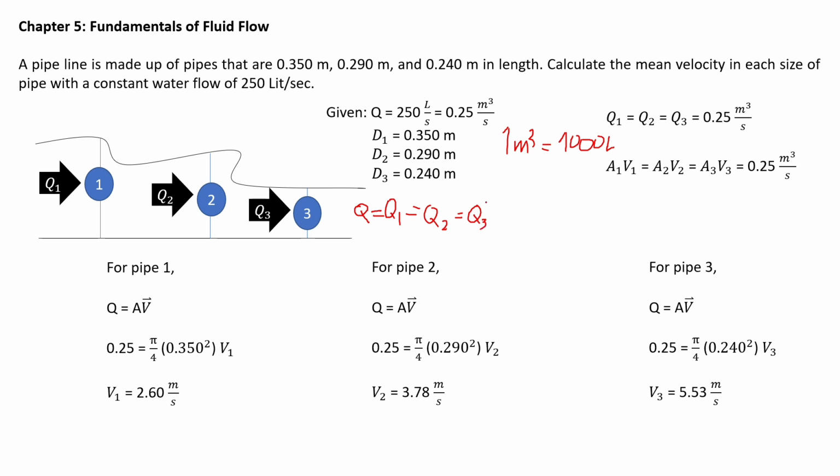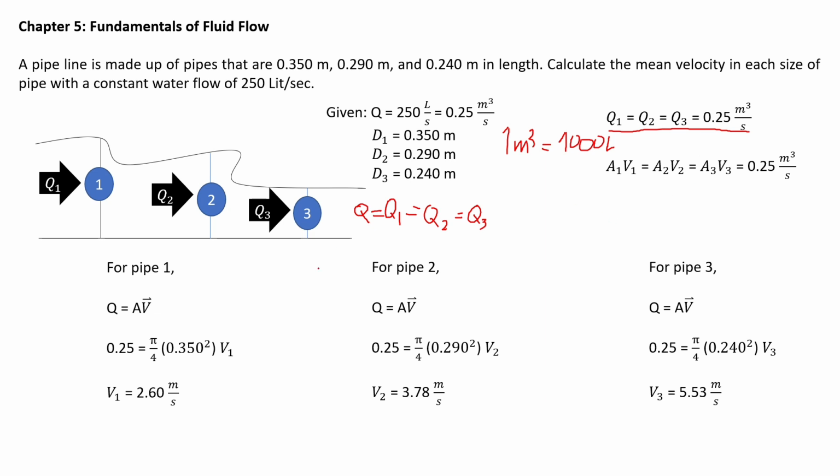So it's like 250 liters per second is uniform all throughout the section. The velocity has a different value since they have a different diameter. So now we will proceed to finding the velocity of every pipe.